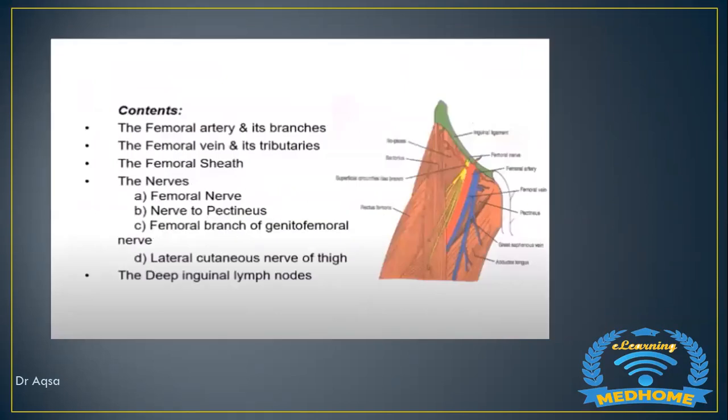The contents include the femoral artery and its branches, the femoral vein, the femoral nerve, and the deep inguinal lymph nodes. The other nerves included were the pectineus nerve, the femoral branch of the genitofemoral nerve, and the lateral cutaneous nerve of the thigh. Yes, excellent.